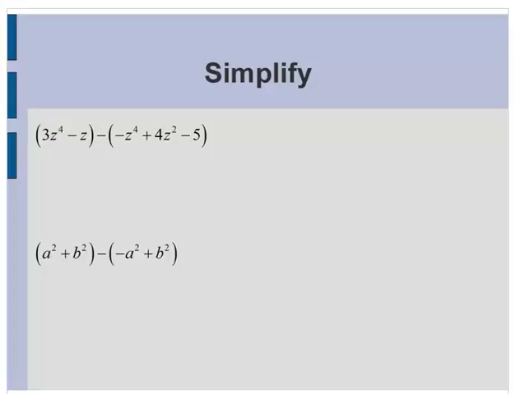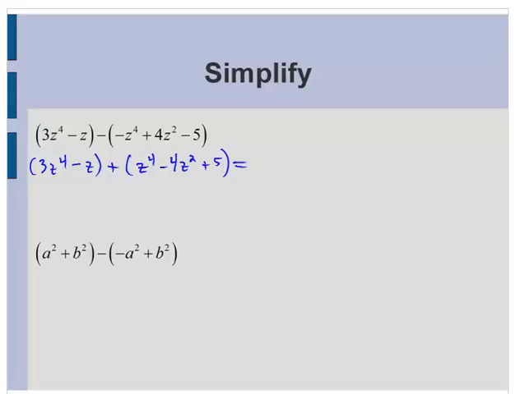All right, so 3z to the fourth minus z, subtract negative z to the fourth plus 4z squared minus 5. I will rewrite that as 3z to the fourth minus z plus positive z to the fourth minus 4z squared plus 5.